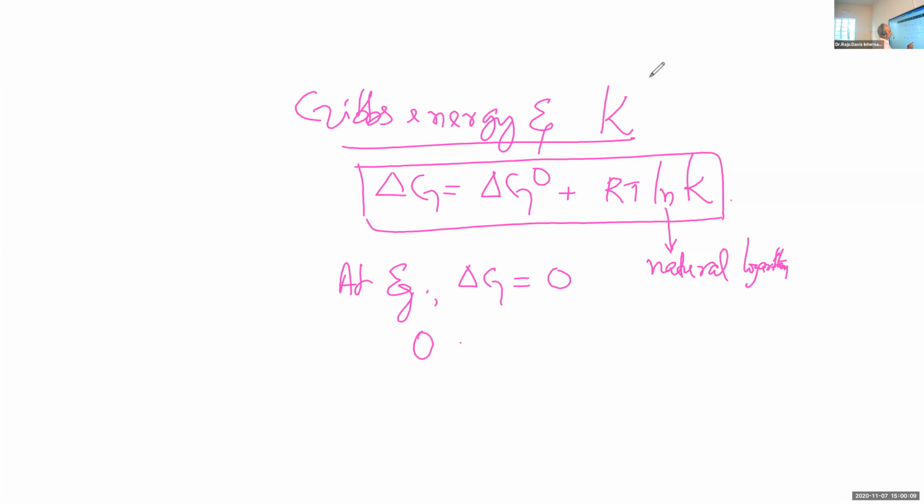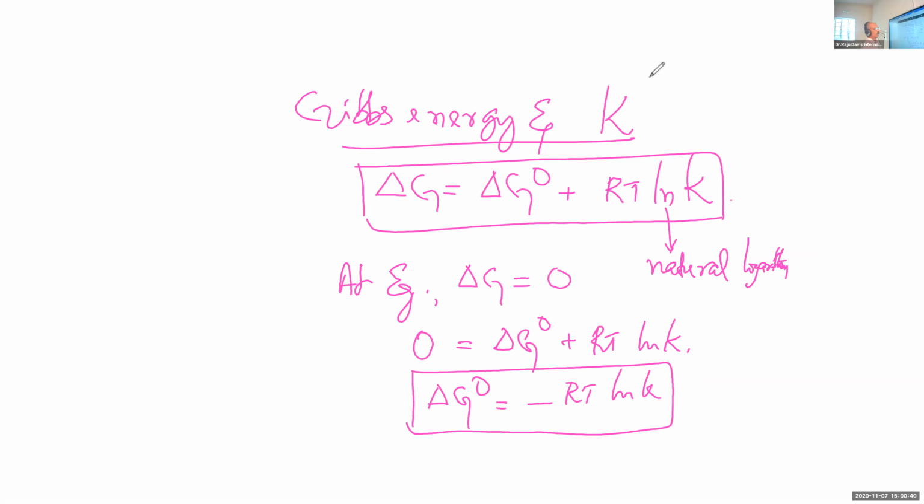So, 0 is equal to delta G0 plus RT log K. Now take RT log K to the left hand side. Then the equation becomes delta G0 is equal to minus RT ln K, where delta G0 is the Gibbs energy change at the standard conditions.